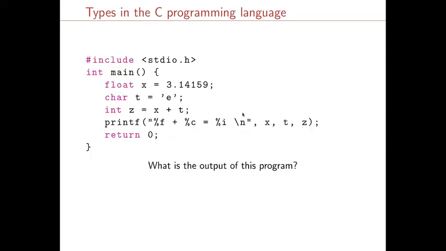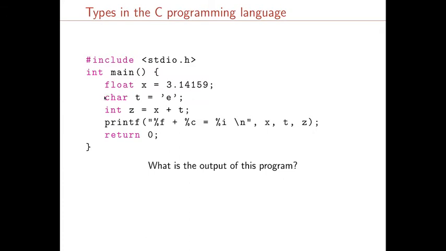The first language we look at is the C programming language, and here is a tiny example program. It starts by declaring a variable of type floating point, and defining this variable to be 3.14159.